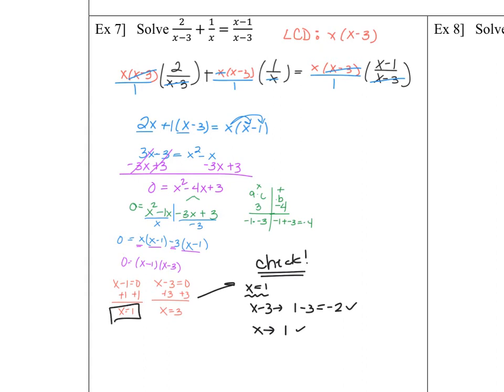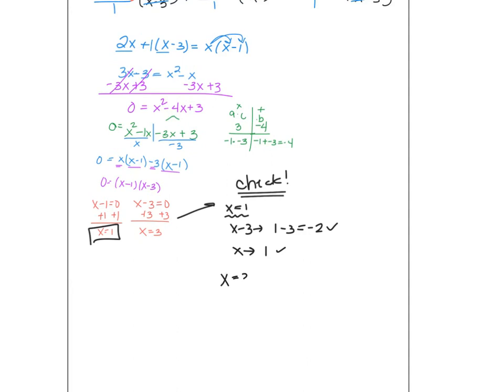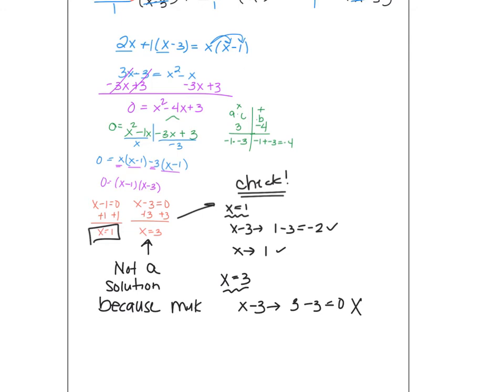So now we're also going to check x equals 3. So the first denominator was x minus 3. So if I plug in the 3 into that, I have 3 minus 3, which equals 0. This is not okay in the denominator. So this x equals 3 is actually not a solution, because it makes the denominator equal to 0.